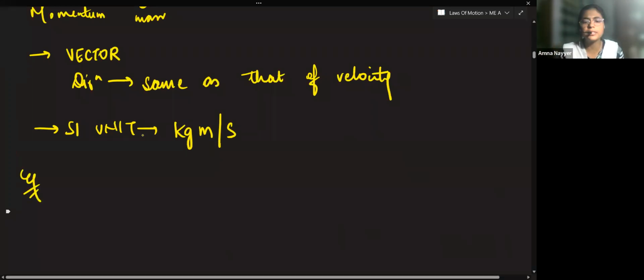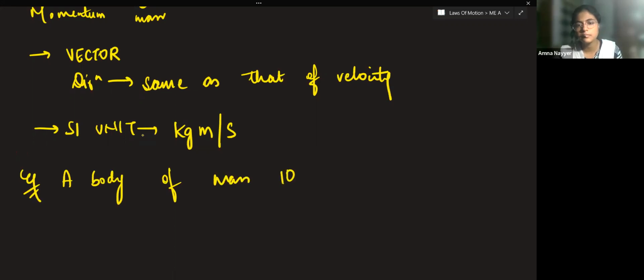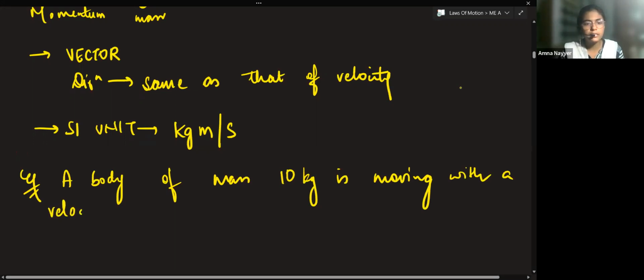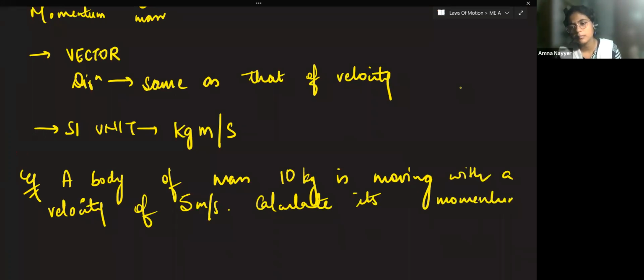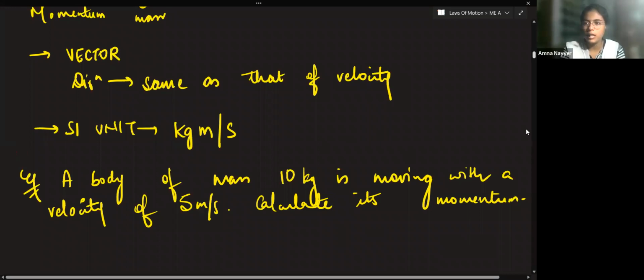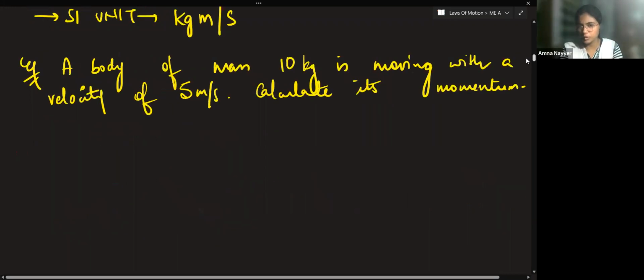For example, this is how questions come in your exam. A body of mass 10 kg is moving with a velocity of 5 meter per second. Calculate its momentum. That means how much motion is still left in the body, or what is the magnitude of motion.